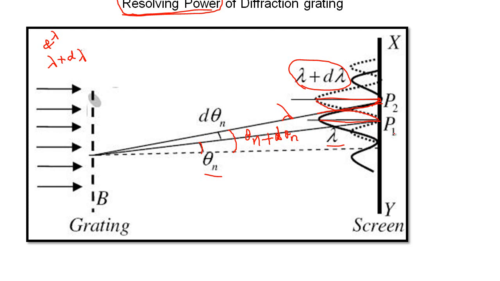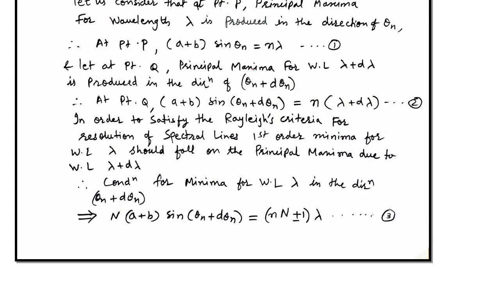Now for simplicity, I name this point on the screen as P, and this point as, say, Q, in order to make them distinct instead of P1 and P2. So let us consider that in the direction of P, that is in the direction of theta n with respect to the direction of normal, principal maxima due to wavelength lambda is produced.